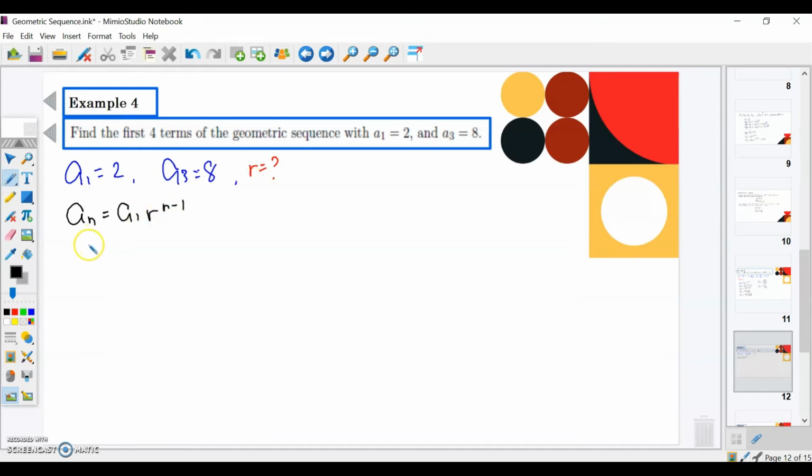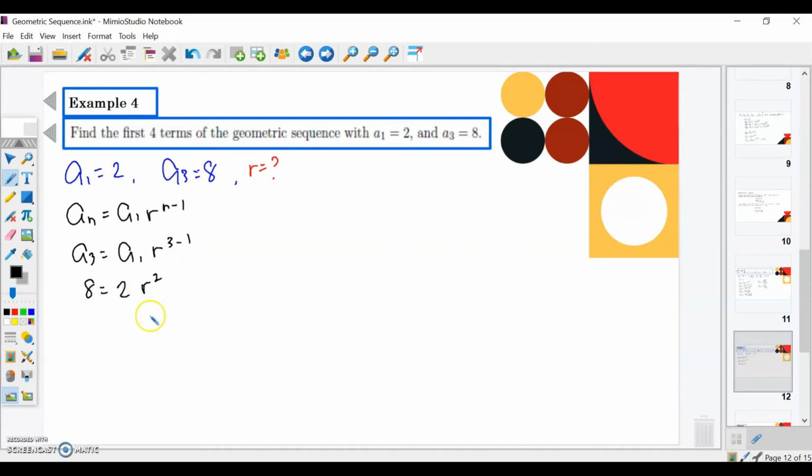in order for us to get the value of r, or the common ratio. Since we are given a sub 1 and a sub 3, then in the formula, we're going to have a sub 3 is equal to a sub 1 times r raised to 3 minus 1. Since we have a value for a sub 3, which is equal to 8, I will then replace a sub 3 by 8. Then we also have a value for a sub 1, that is 2, multiplied by r raised to 3 minus 1, or raised to 2.